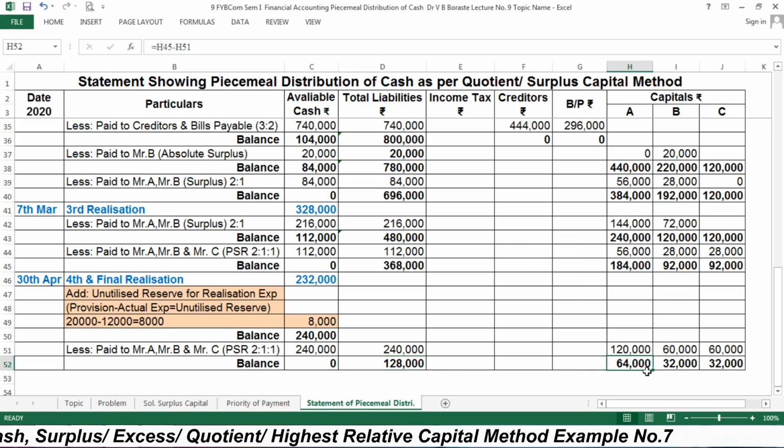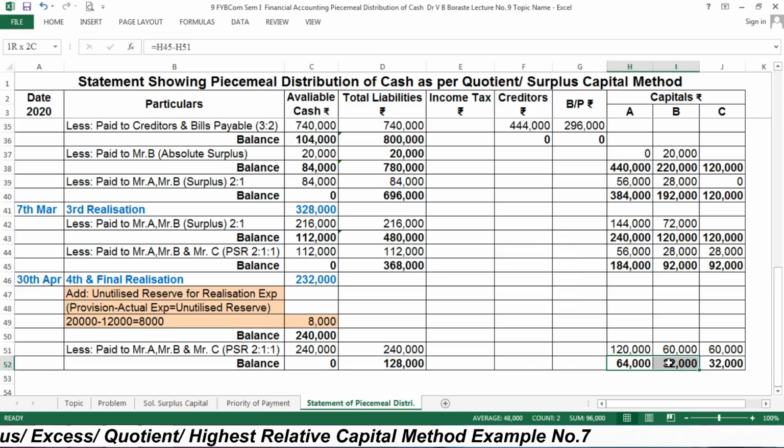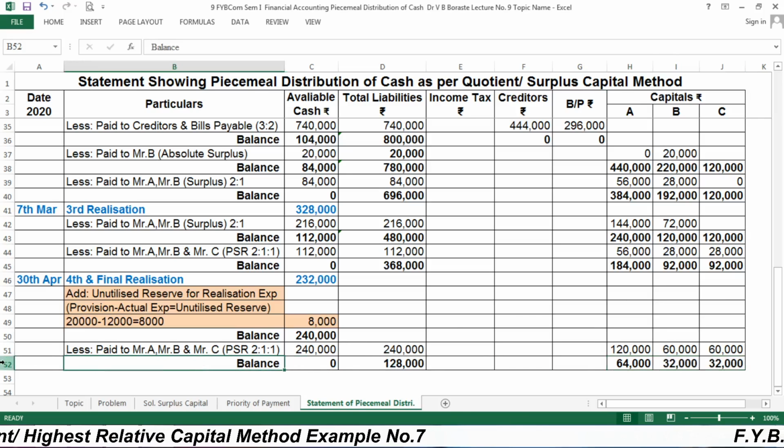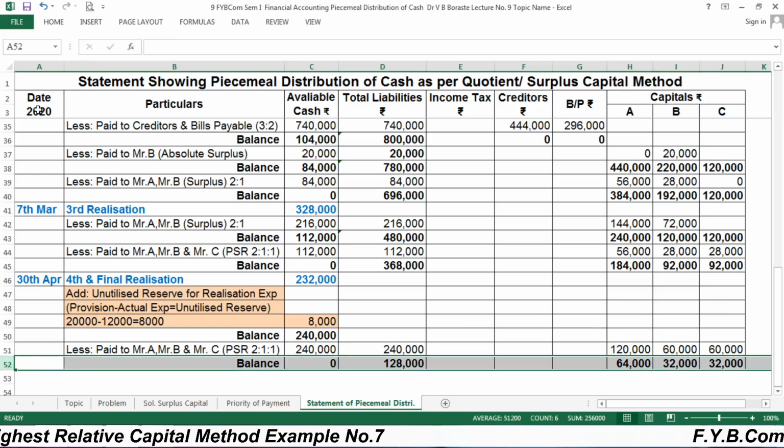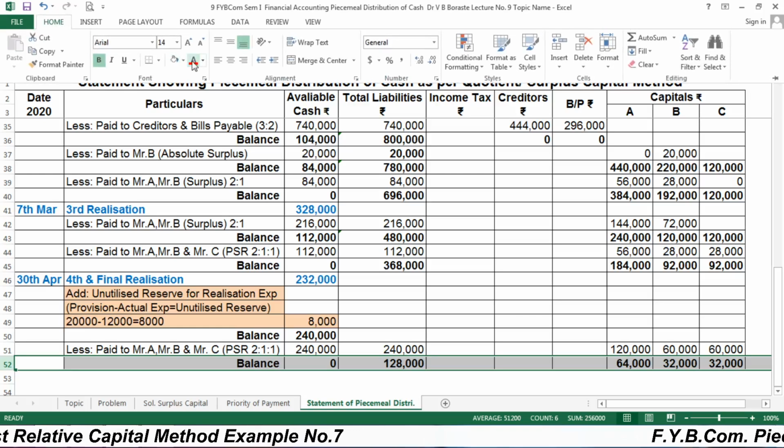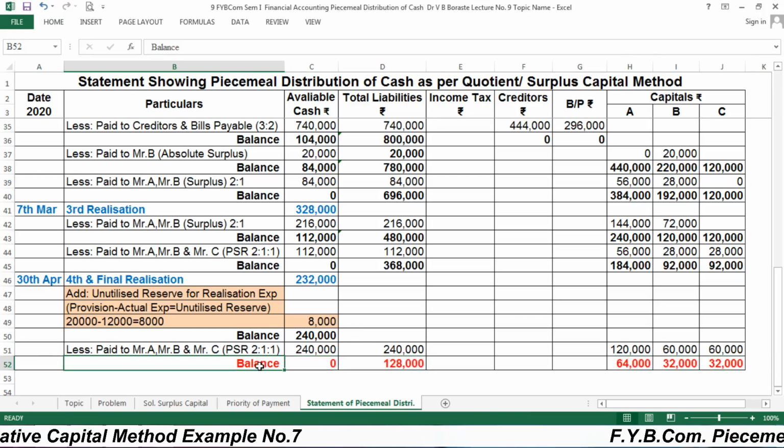With this, we have a capital balance of 64,000 plus 32,000 of Mr. B and plus 32,000 of Mr. C. So the total of these three partners' unpaid balance should match the total liability. That means our balance payable amount is rupees 1,28,000. It is not called a balance, it is called the realization loss.